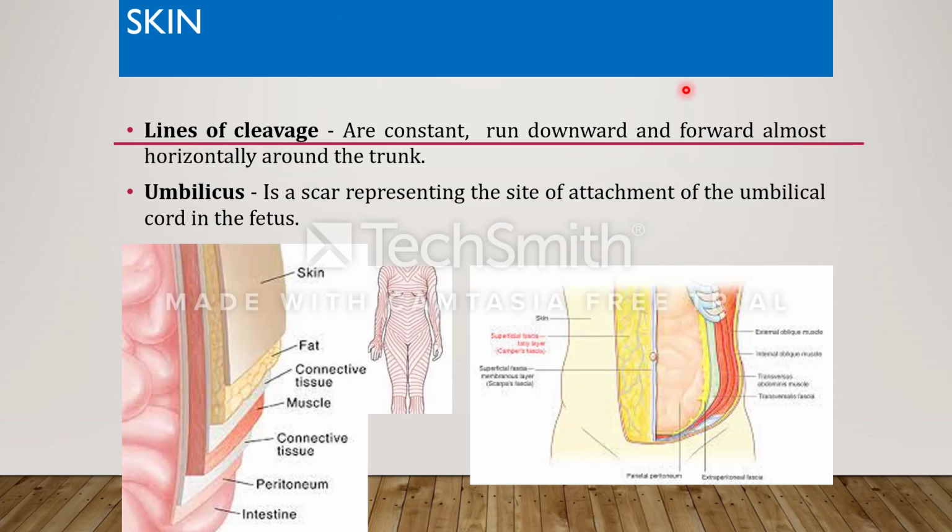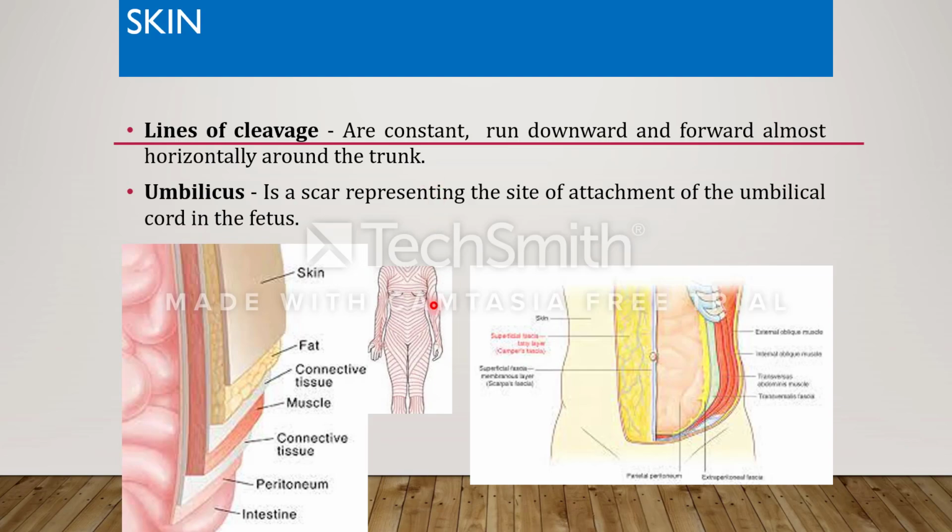In this lecture, we will discuss the skin and the superficial fascia of the anterior abdominal wall. In upcoming lectures, we will discuss the external oblique muscle and internal oblique and transversus abdominis muscle, and then the fascia transversalis, then the extraperitoneal fat and parietal peritoneum.